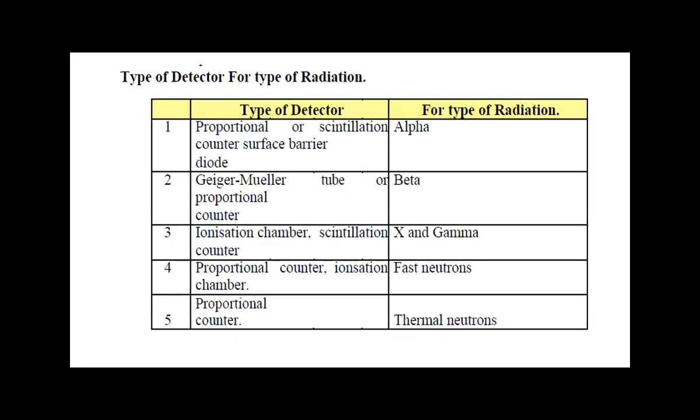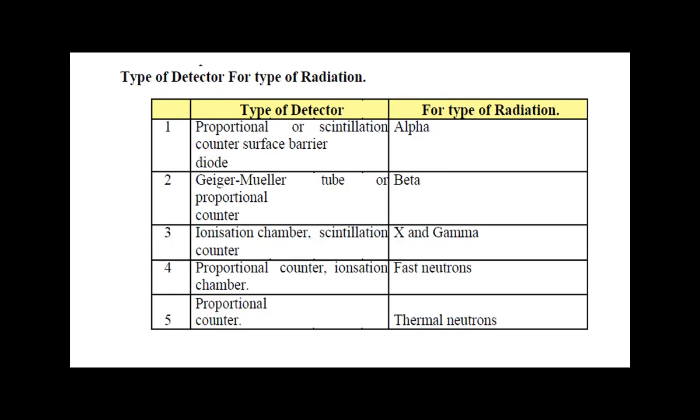So this table gives you the idea regarding the type of detector and for which type of radiation it is going to detect that particular radiation. For example, if there is alpha radiation, then a proportional or scintillation counter or surface barrier diode should be used to detect this alpha radiation.